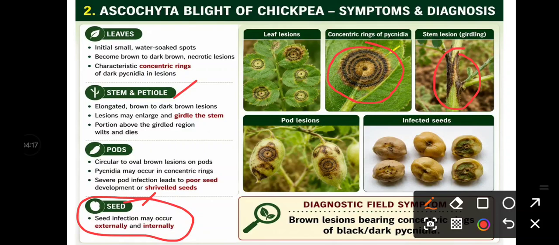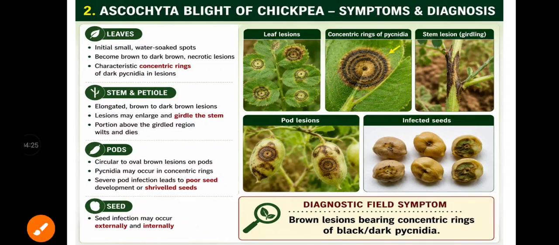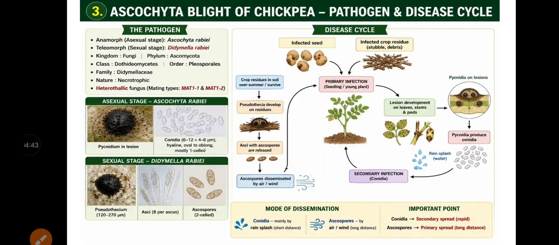This seed infection leads to poor seed development as well as shriveled seed. The diagnostic field symptom is brown lesions bearing concentric rings of black or dark pycnidia. Remember this point. Next, about the pathogen, I have already discussed.